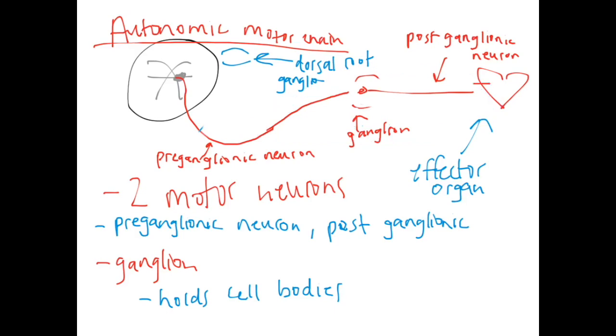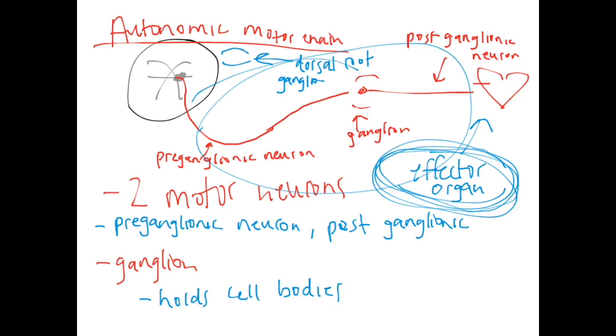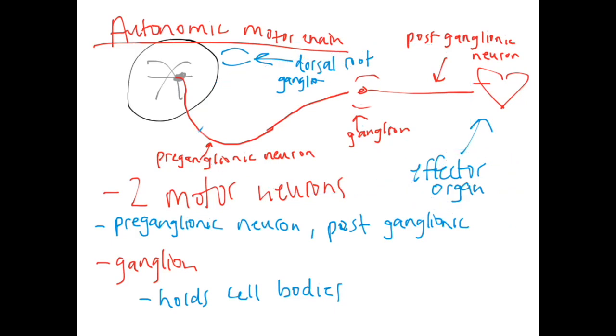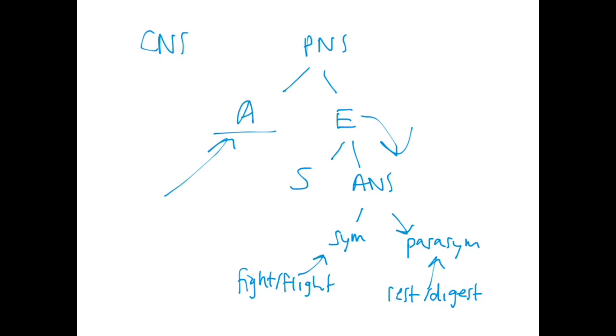It will make more sense if you already know what's happening at the effector organ. You're not required to know this stuff, but I think that it helps make all this information a lot easier. Okay, so now we're going into the sympathetic versus the parasympathetic, and we're going to just compare and contrast them.